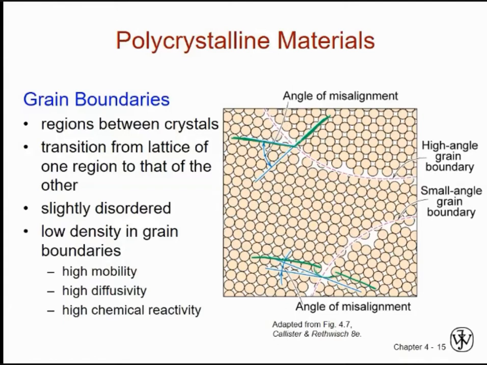Here I have this large angle of misorientation. So this one will be called a high angle grain boundary. This one below is a small angle grain boundary. And these grain boundaries are themselves imperfections because I have this discontinuity in orientation. These are area defects.